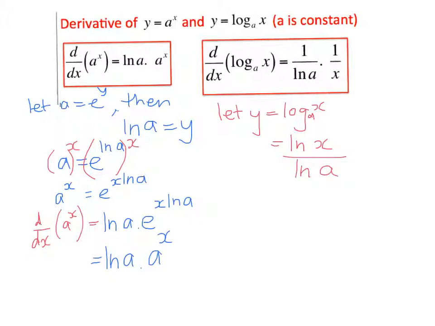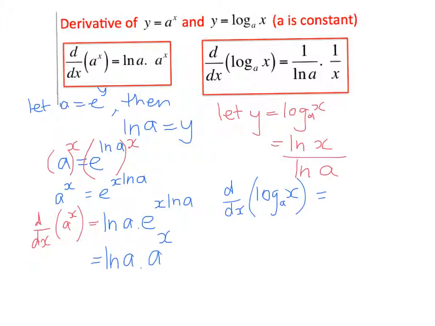And then differentiating both sides of the equation, the derivative of the left-hand side will equal the derivative of the right-hand side. So the derivative of y, which, remember, is log of x base a, is going to equal the derivative of the right-hand side.